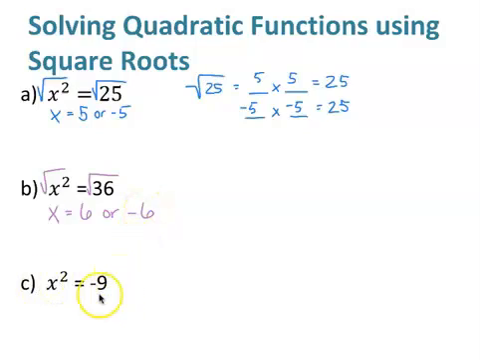What about this last problem? X squared equals negative 9. Well, in order to solve, we would have to take the square root of both sides. Is there a square root of negative 9? Is there a number times itself that would give us negative 9? If we said negative 3, that wouldn't work because a negative 3 times a negative 3 would give us a positive 9.